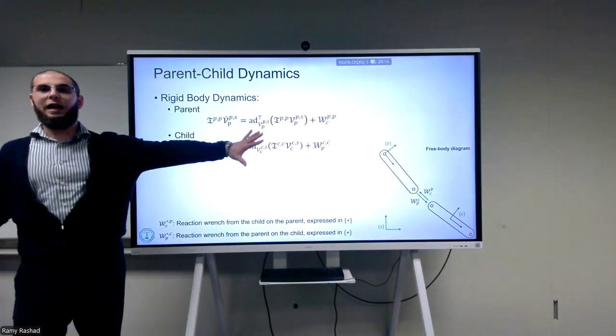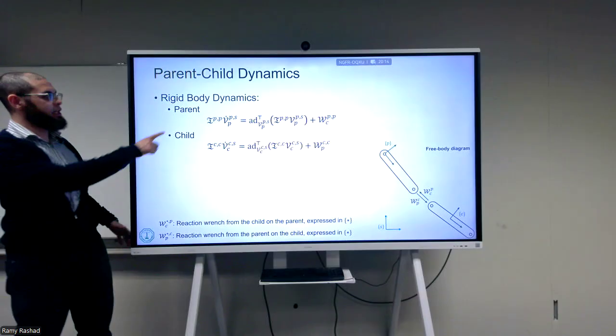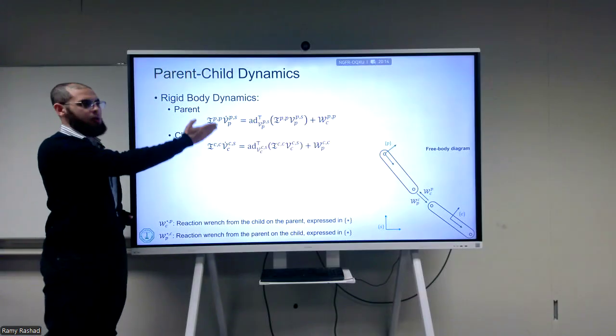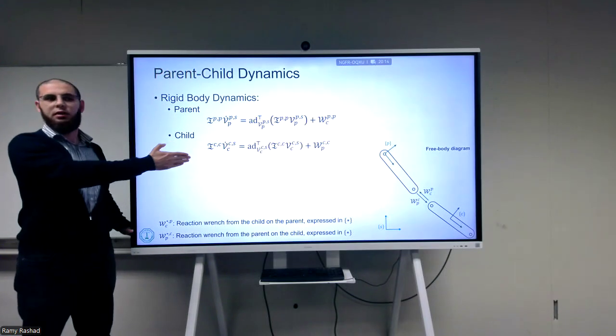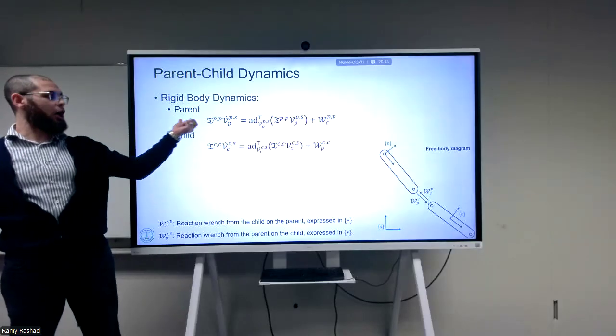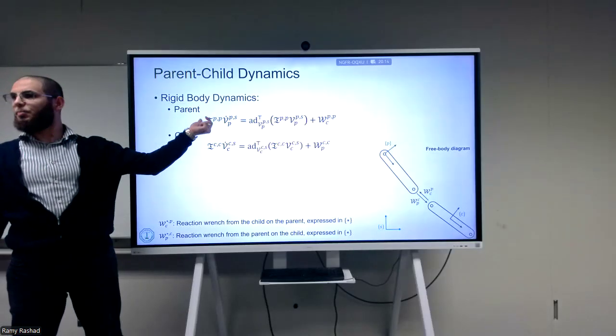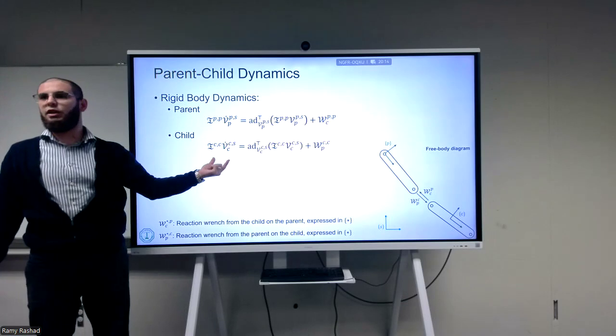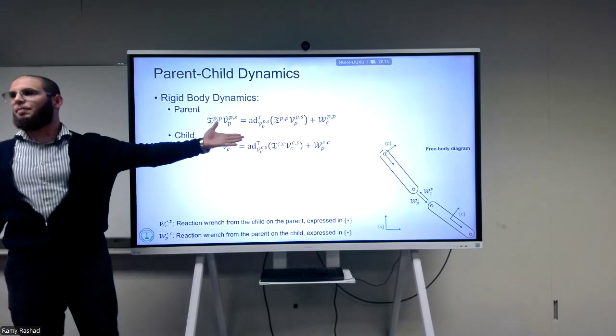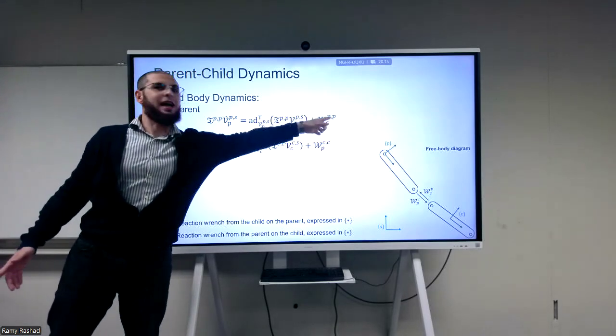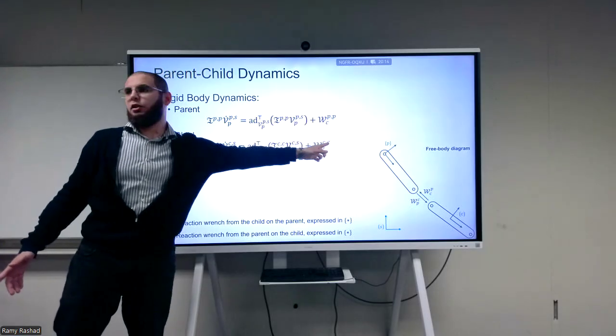And the parent alone and the child alone, each one of them has its own dynamic equation. Do you remember this equation, the Euler-Poincare? We have a differential equation on the parent twist and a differential equation on the child twist. The only forces that appear here are the child acting on the parent, and the parent acting on the child.